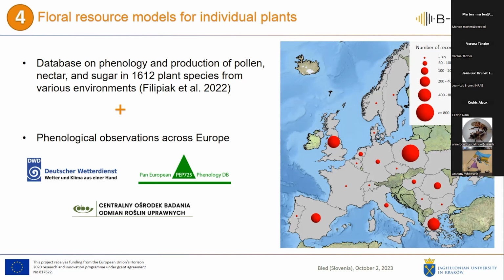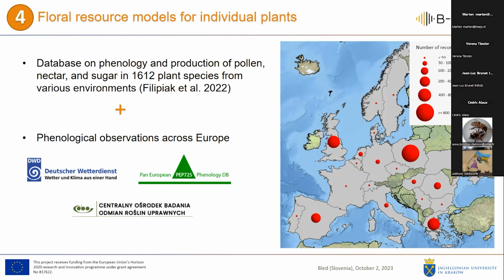But we already were able to have a lot of information, but we also needed information about the flowering time, and that we gathered from different databases on phenological observation across Europe, mostly the Pan-European Phenology database. That was a great source of information, but not only.